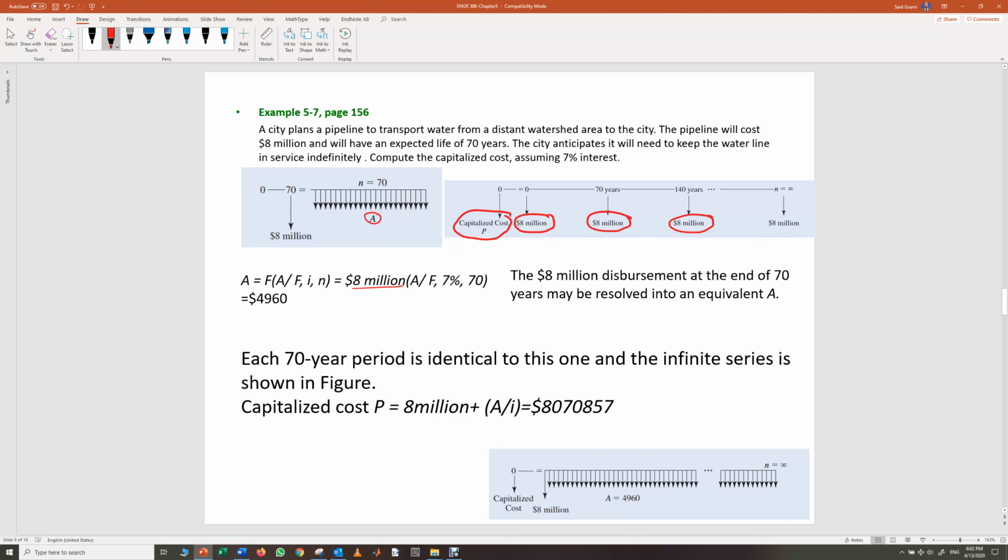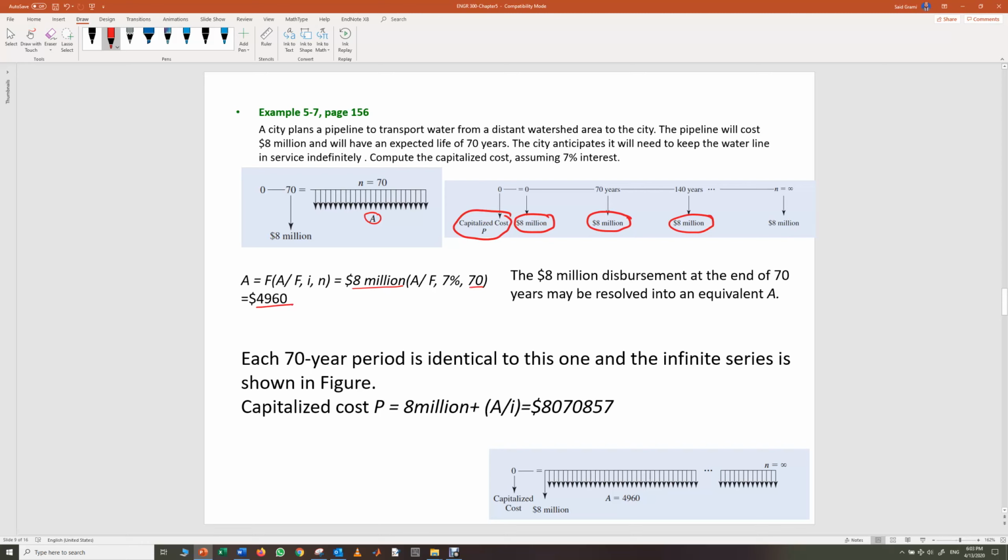A given F, 7%, 70. So we get 4,960. So every year I have to get 4,960 from the interest during 70 years. At the end of 70 years I get exactly 8 million.